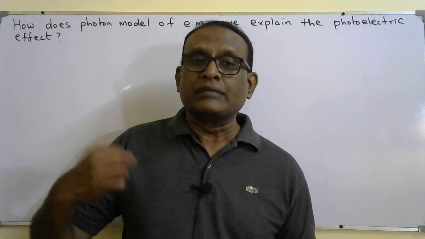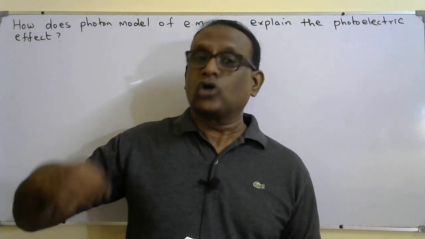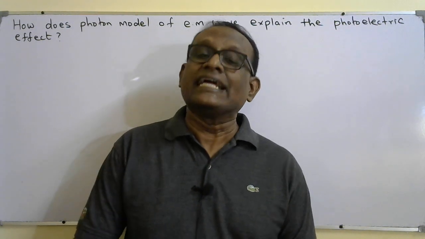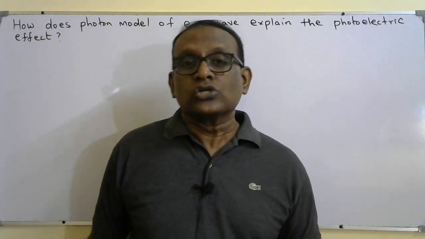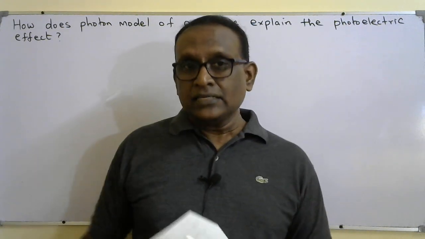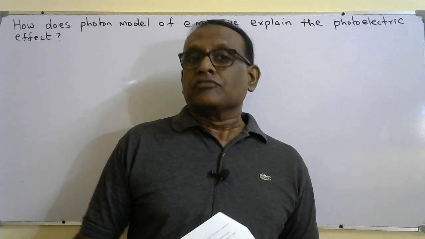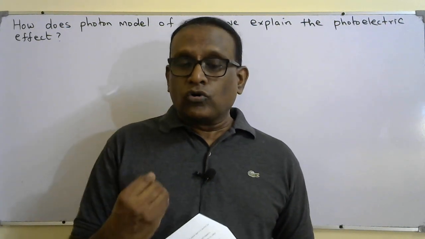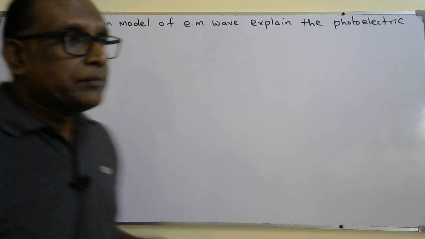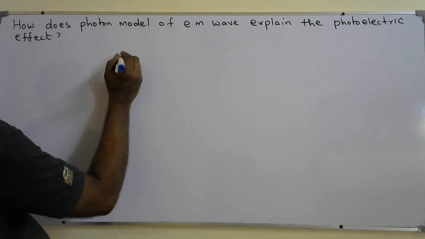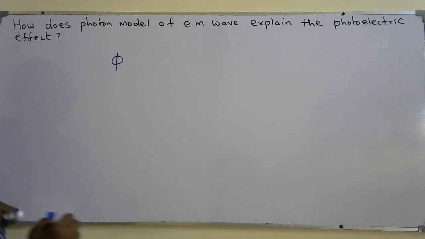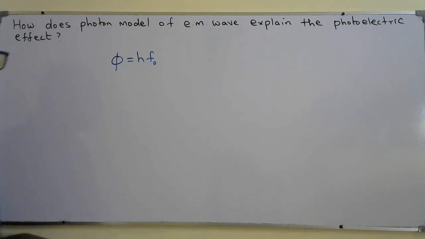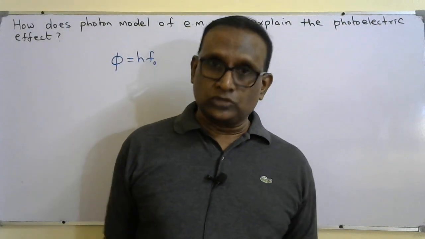So to remove an electron, we need at least a minimum energy to overcome the electrostatic attractive force by the nucleus. The minimum amount of energy required to remove an electron from the surface of metal is the work function phi, which in terms of the photon model is given by hf naught.